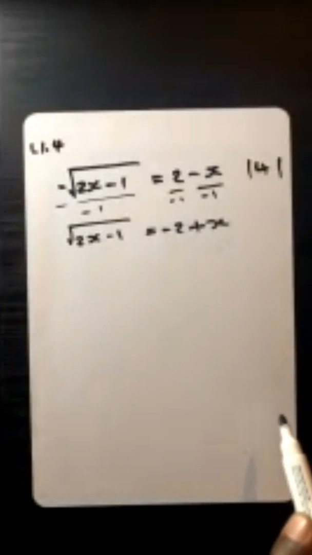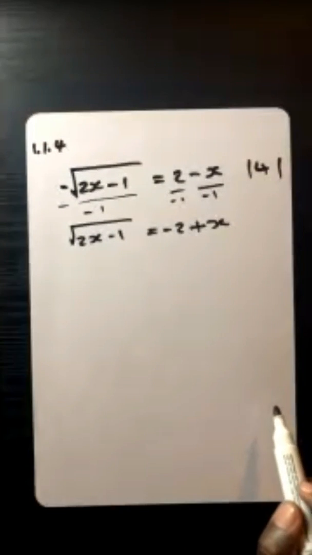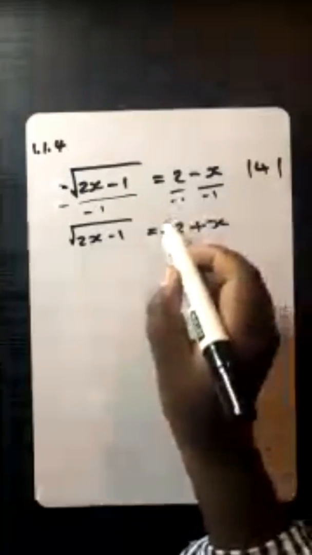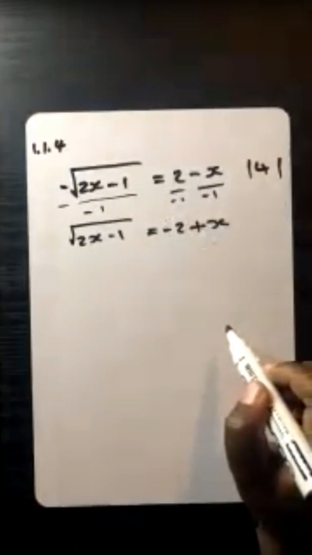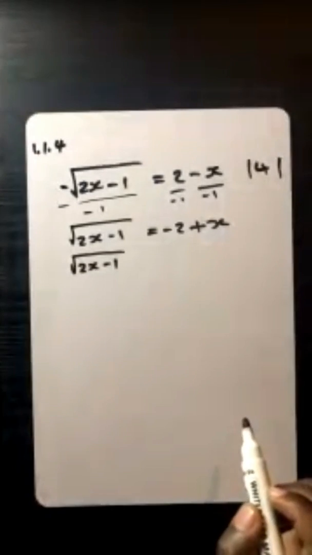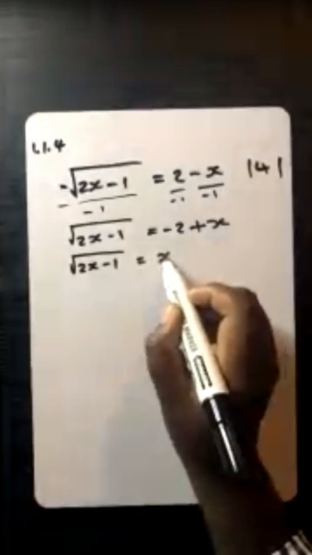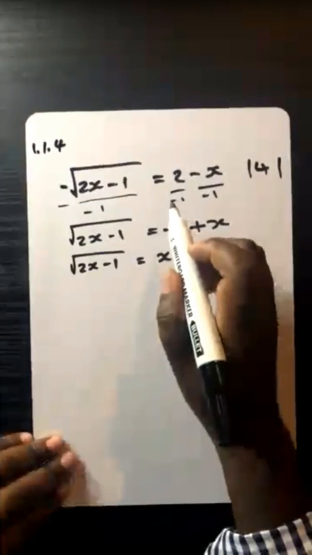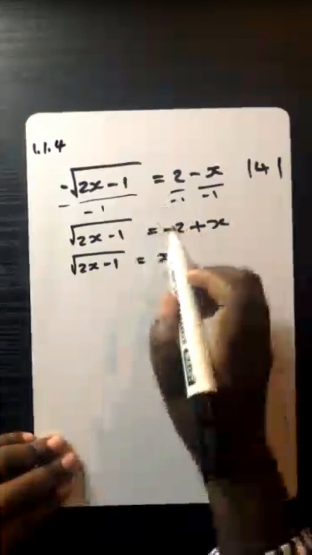I hope that part makes sense, ladies and gentlemen. So you can just rewrite that part nicely so that you start with a positive term, which means you still have square root of 2x minus 1. It's equals to x minus 2 over there.